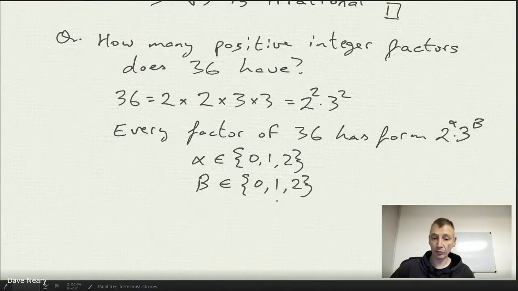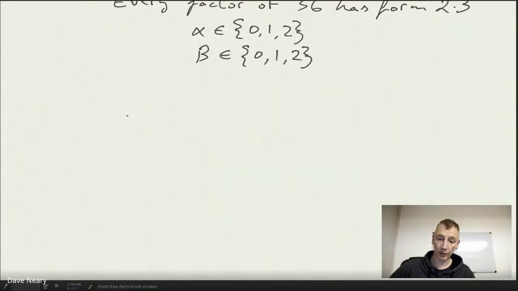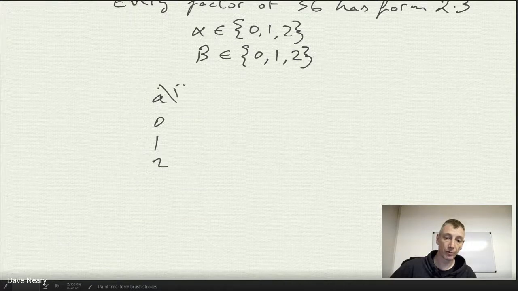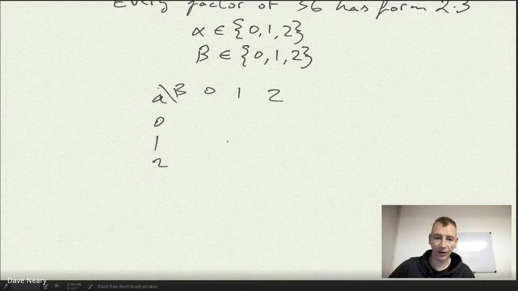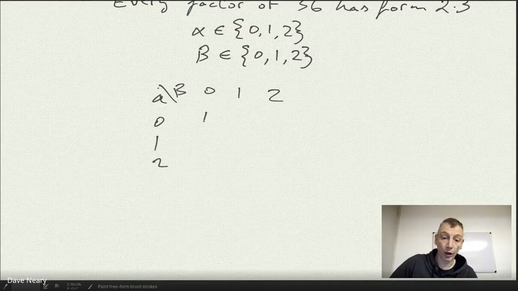And so we can now write out all of the factors of 36 by writing alpha on one axis, 0, 1, 2, and beta on the other axis, 0, 1, 2. We can't have anything else because there are no other primes in the prime factorization of 36. So when we've got alpha 0 and beta 0, that gives us 1, 2 to the 0 times 3 to the 0.